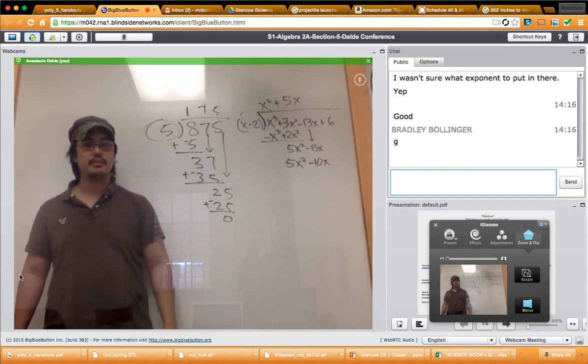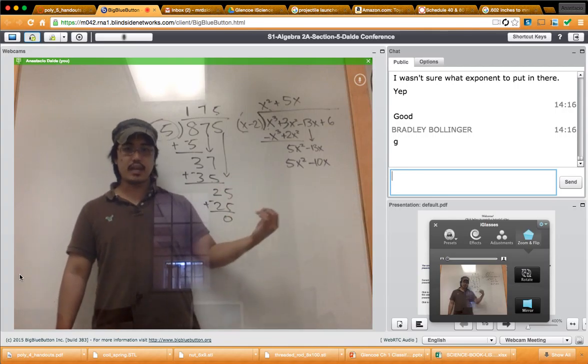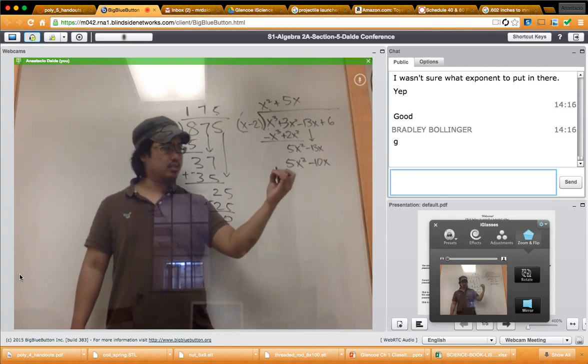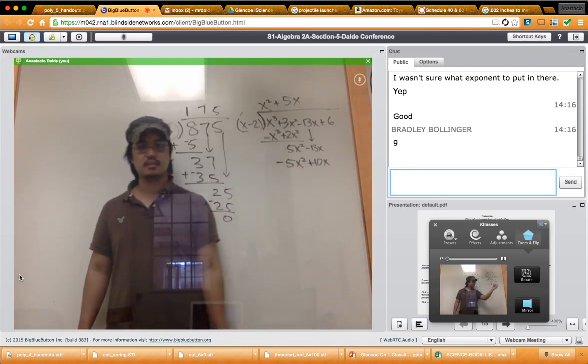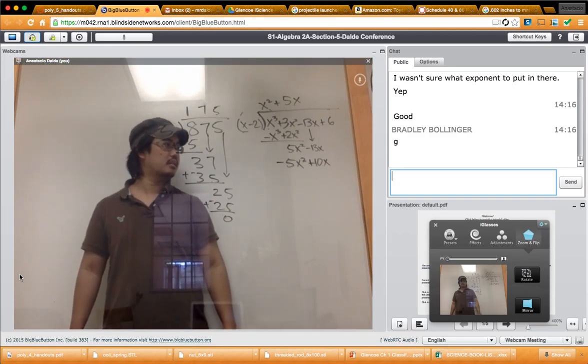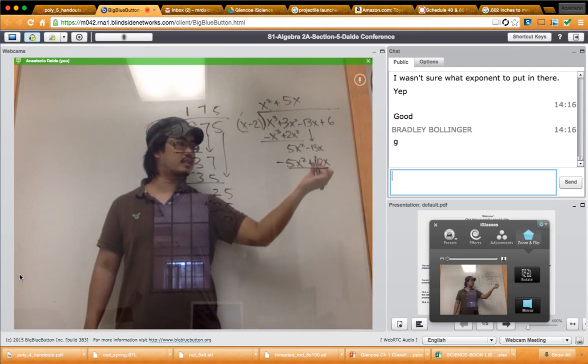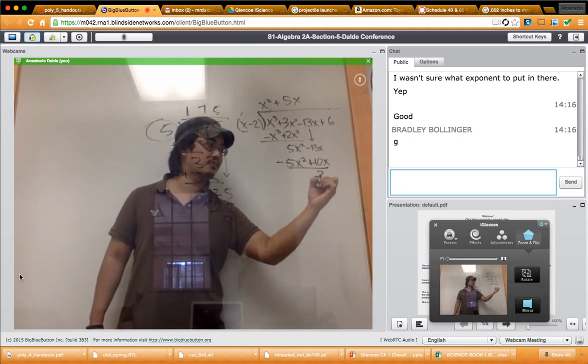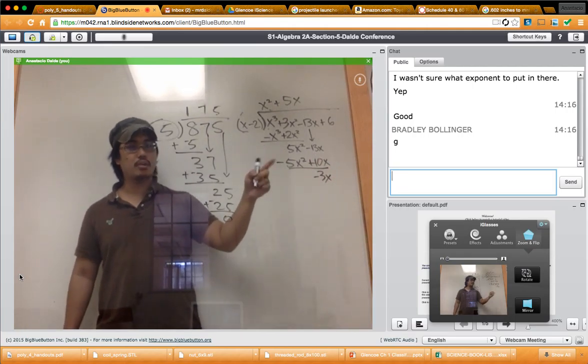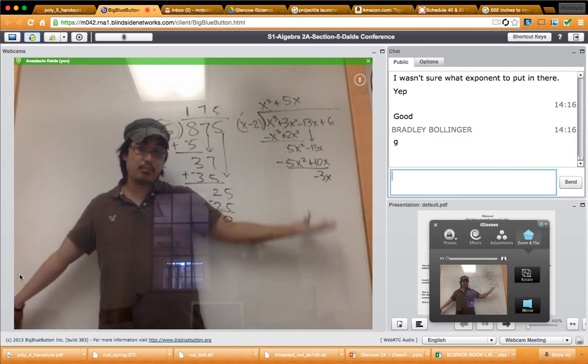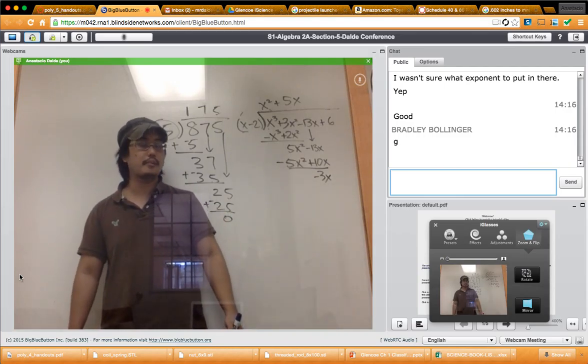Okay. I'm going to subtract this, so I need to change the sign on this. And here's what I'm looking at: negative 13x plus 10x is negative 3x. And then the 5x squared minus the 5x squared is 0, which is the point of what we tried to do, which is a good thing. Are we cool?